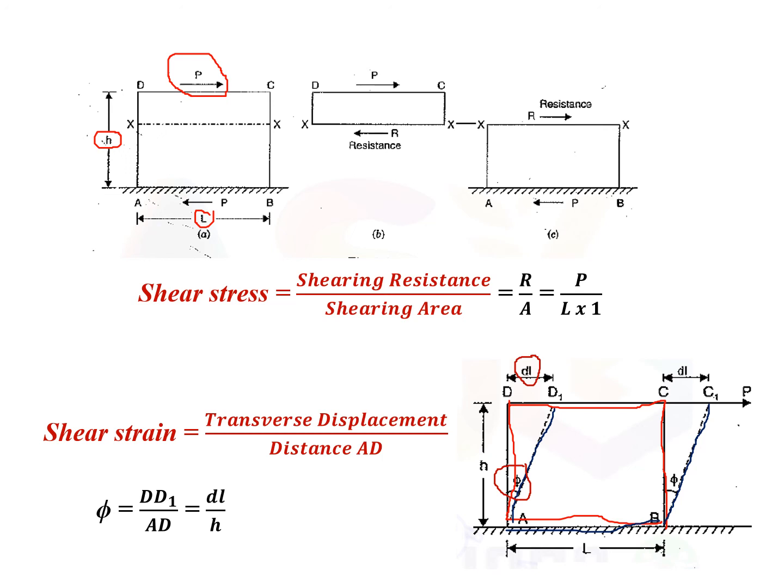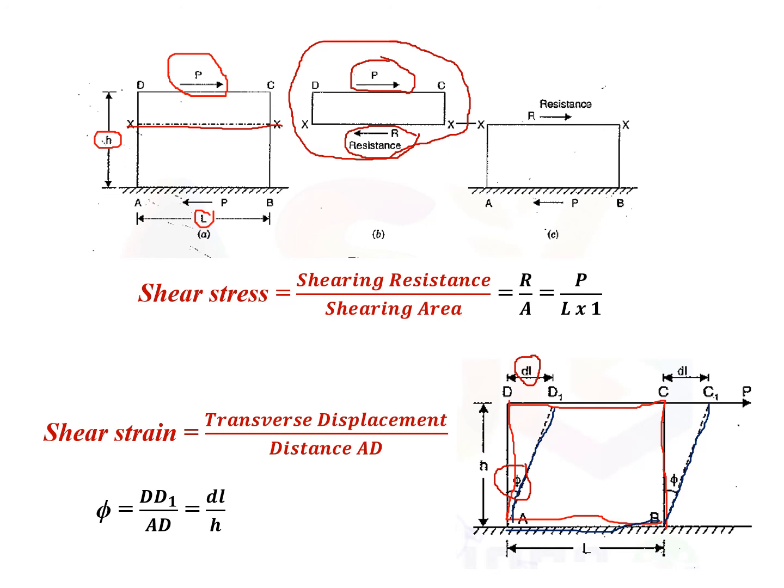And coming back to shear stress, as in all cases, the stress is equal to the resisting force by area. Here in the section ABCD, let us consider a section exists here. Consider the portion of the body above it and the portion below it separately. Each part is in equilibrium. For this to be in equilibrium, the applied force P should be equal to the resisting force R. That is, the shearing resistance is equal to the applied force P divided by the shearing area.